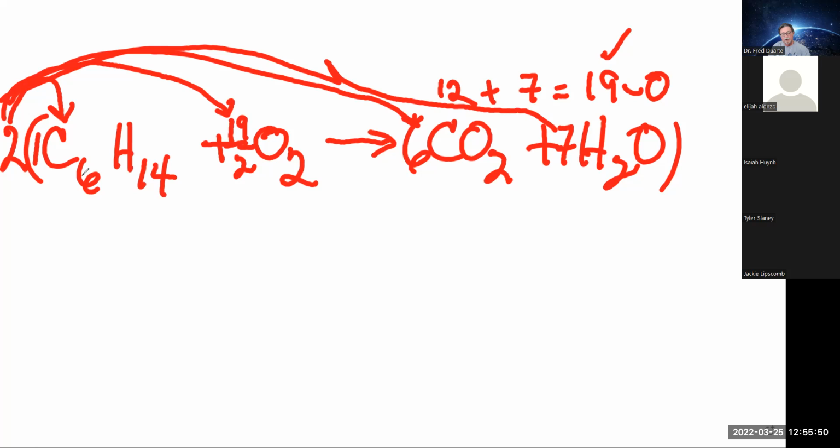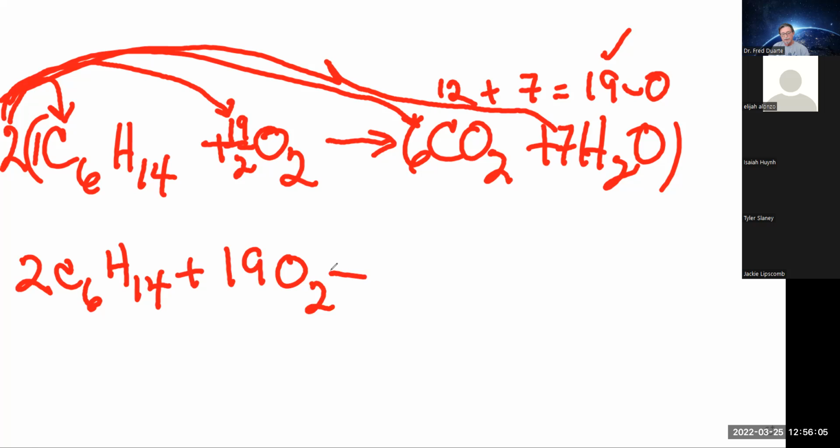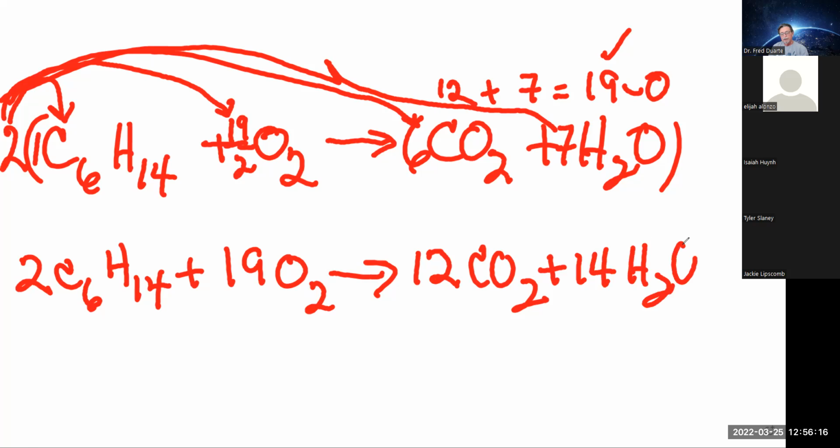So 2 times the C6H14 says I need 2 of these C6H14 molecules. 2 times 19 halves is 19 oxygens. 2 times 6 is 12 carbon dioxides, and 2 times 7 is 14. Now you might say, remember, we want numbers reduced to the lowest terms. These numbers are reduced to the lowest terms. 19, especially an odd number, I can't reduce any further. So those are the coefficients.